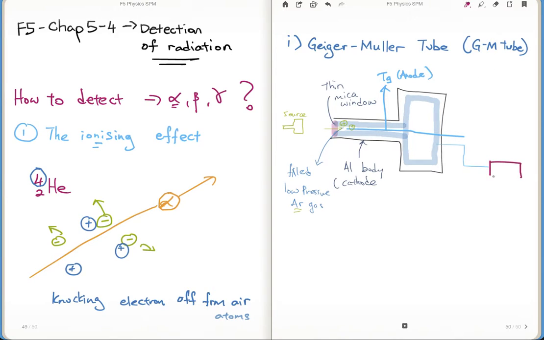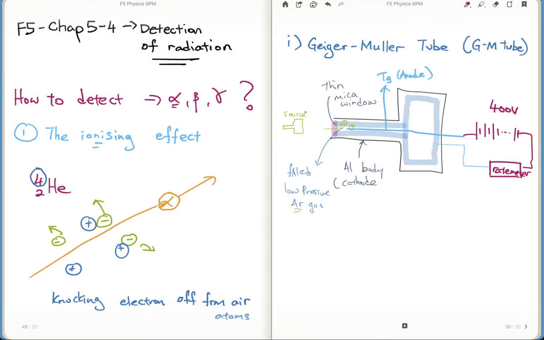It's going to calculate how many clicks it receives, and it's subject to a huge potential difference, so the electron will be attracted to it. From a book, it is about 400 volts, so you are able to hear a click sound from the Geiger-Muller.